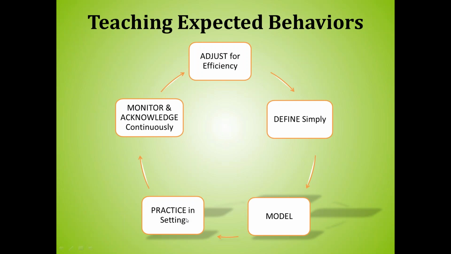This is especially important for children in elementary school, to take it to the context for them so they know this is the behavior, the expectations that we want in this specific setting. And then we monitor and acknowledge those students. So it's that continuous process, that implementation science, where we continuously look at improvement and how we can make things better in our building.